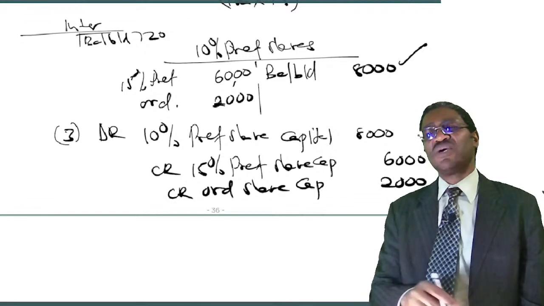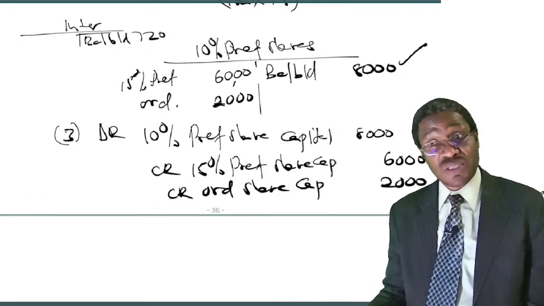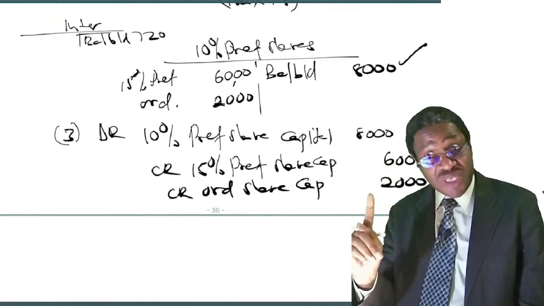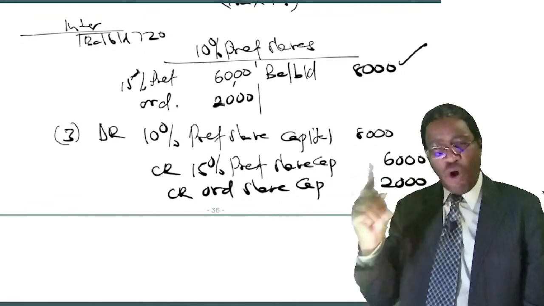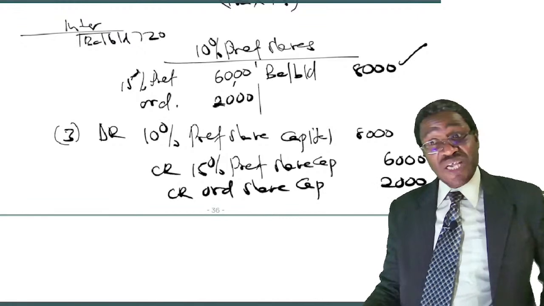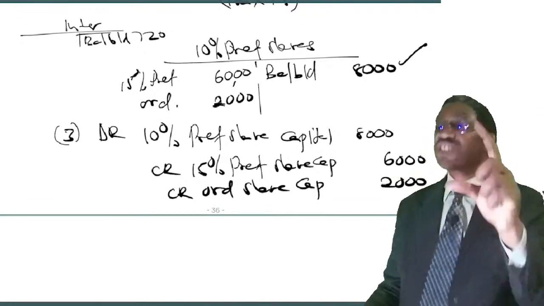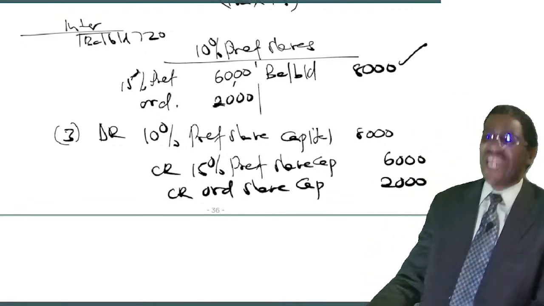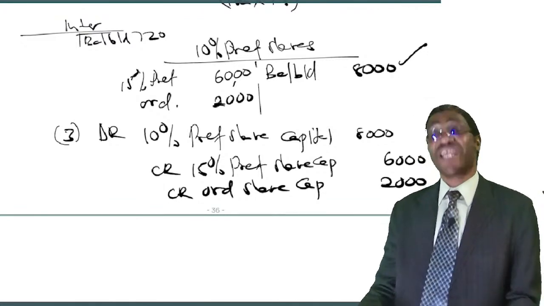That means we are giving ordinary shares worth 500,000 to settle this amount. So it is obvious we are paying less than we owe them, and that is obviously going to give us a gain.